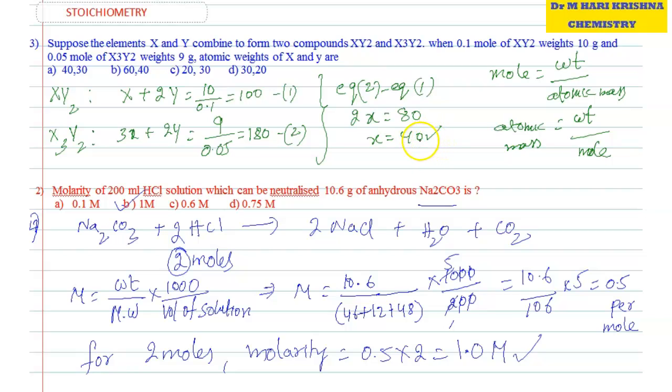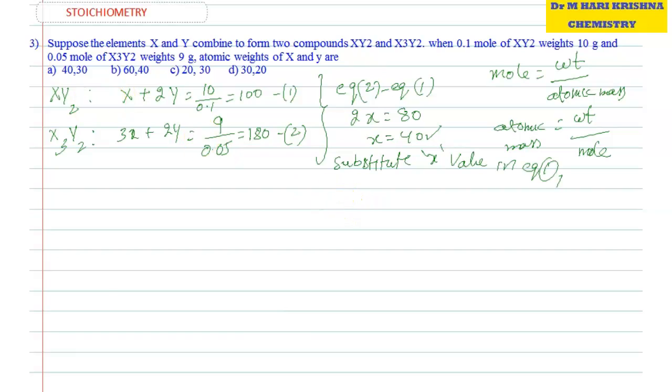If X equal to 40, substitute the X value in equation 1: X plus 2Y equal to 100, then X is 40, 2Y equal to 60, Y equal to 30.